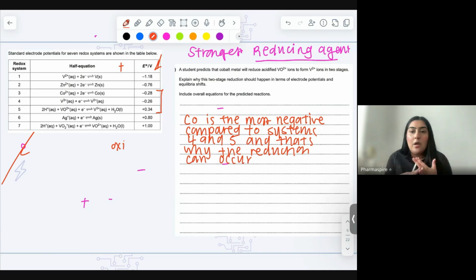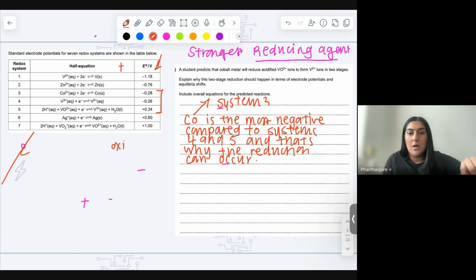Right. And a lot of students said to me, well, how do I know it's cobalt? You don't even have to say cobalt. You can literally just say system 3. So just name the systems. If you're scared to say the species, just say system 3 is more negative than 4 and 5. That's why it has the power to do that.